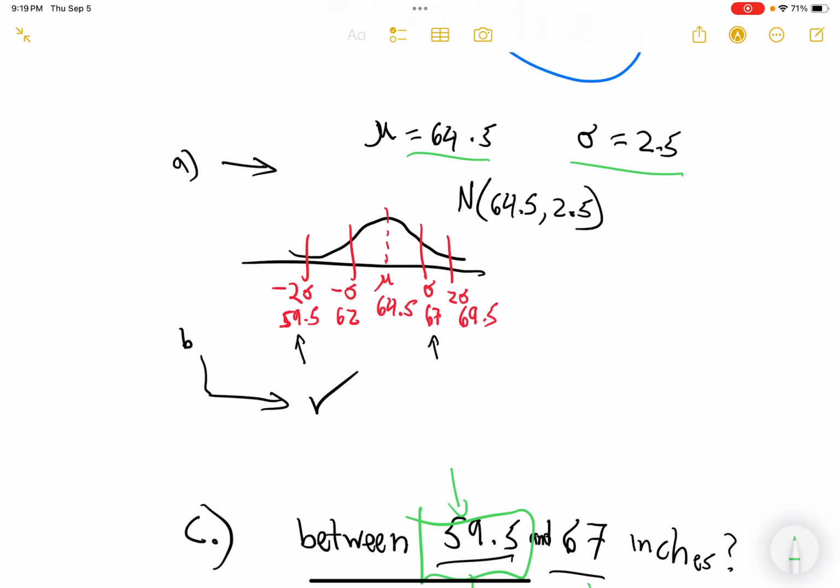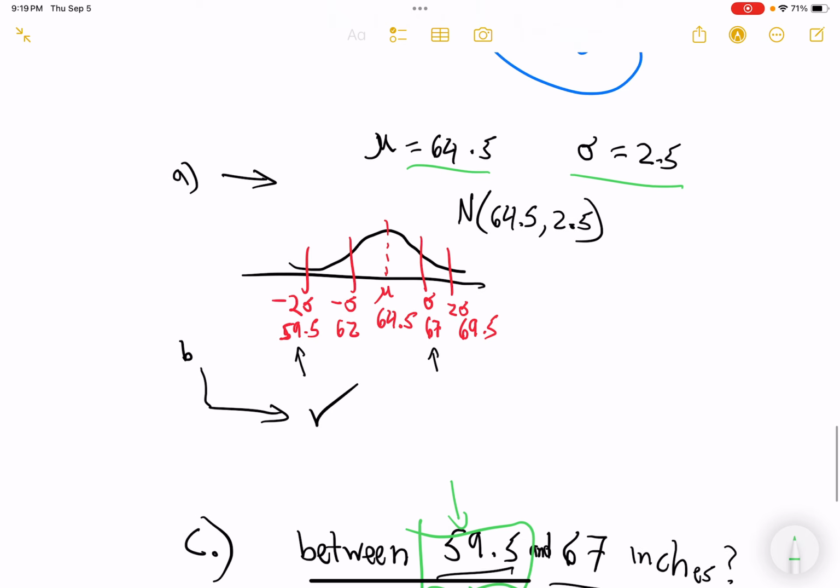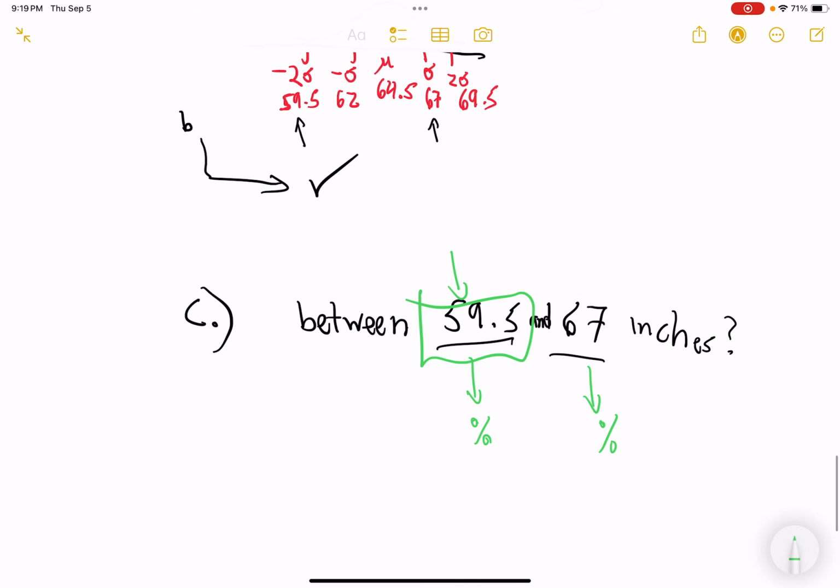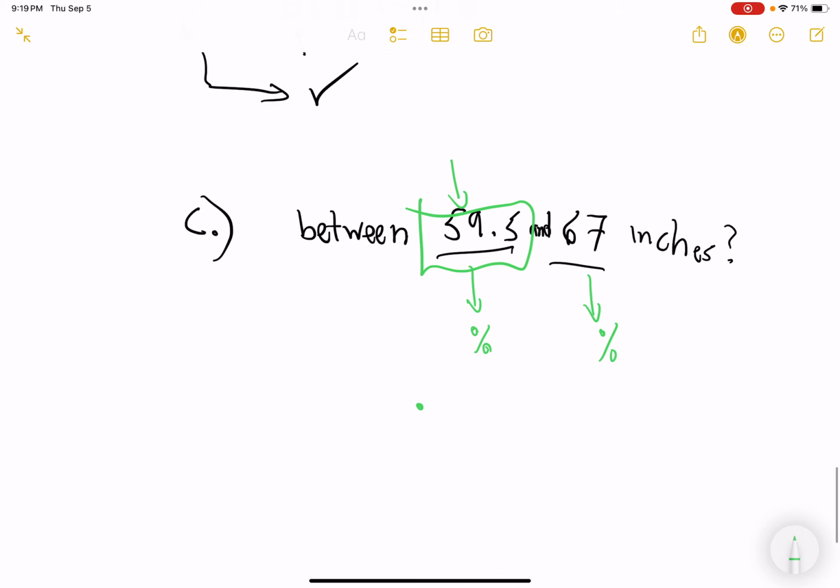So 64.5. And your standard deviation is going to be 2.5. You'll go down to paste and you'll click enter. And lo and behold, you will find very close to the value we approximated ourselves. You will find 0.8185, which is approximately 0.82, which will amount in percentile to 82%.